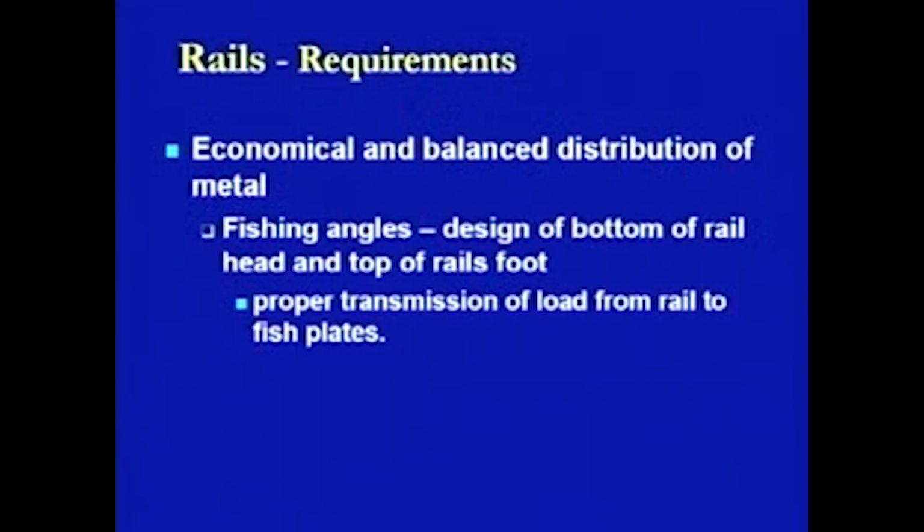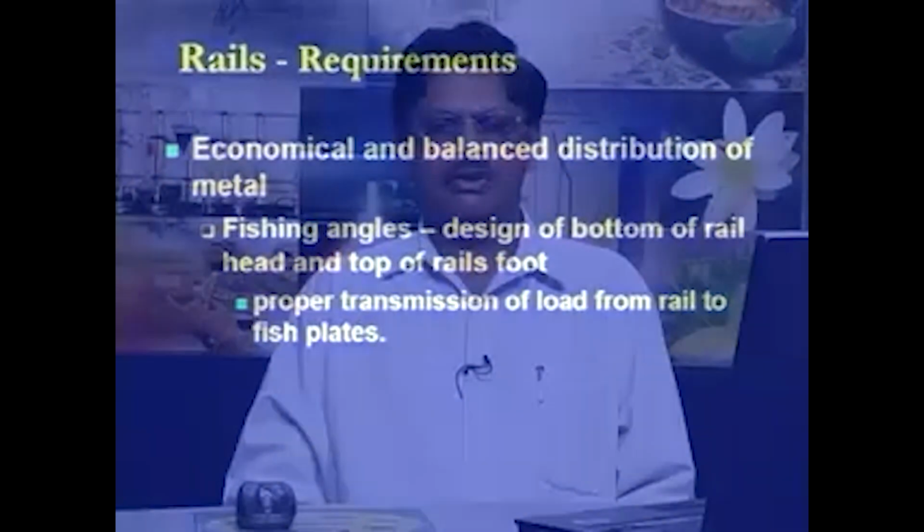The next thing is we are talking about the fishing angles, where the design of the bottom of the rail head and the top of the rail's foot have to be designed in such a way that whatever fishing plates are provided at the side, they get fit in. If they are not fitting in, then there will remain some gap between the fishing plates and the web of the rail section, and because of that there will not be proper transmission of load from rail to the fish plates.